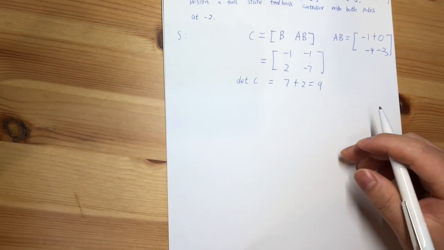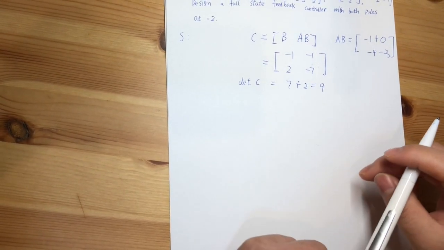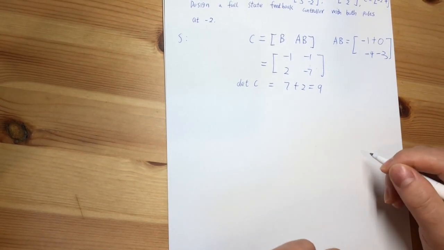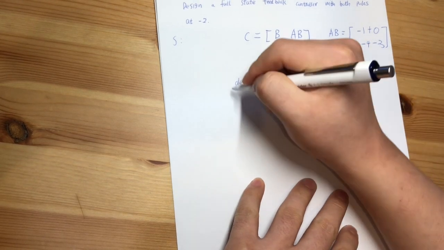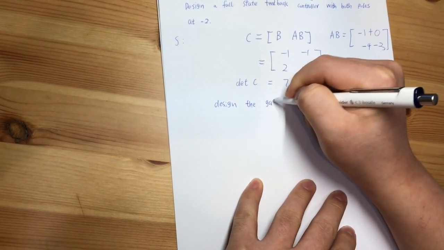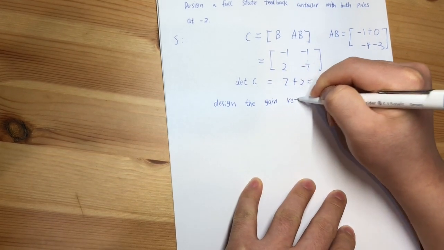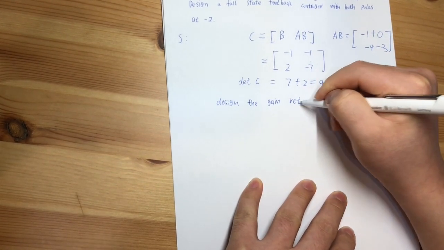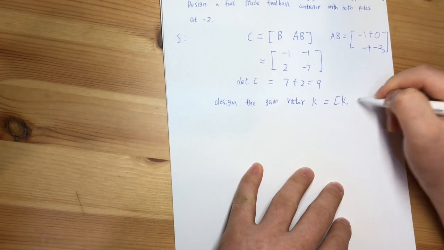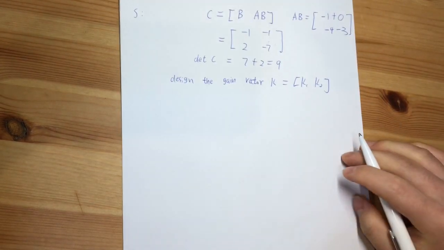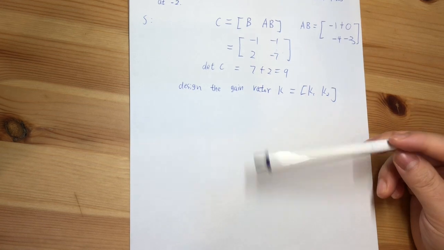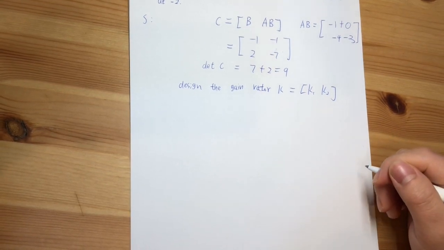Here we apply a method called the direct method. So we design the gain vector K equal to [k1, k2]. This method can be used when the order of the system is less than 3.